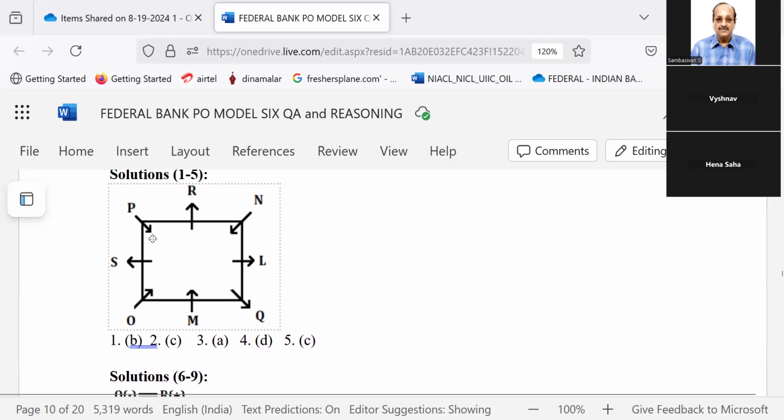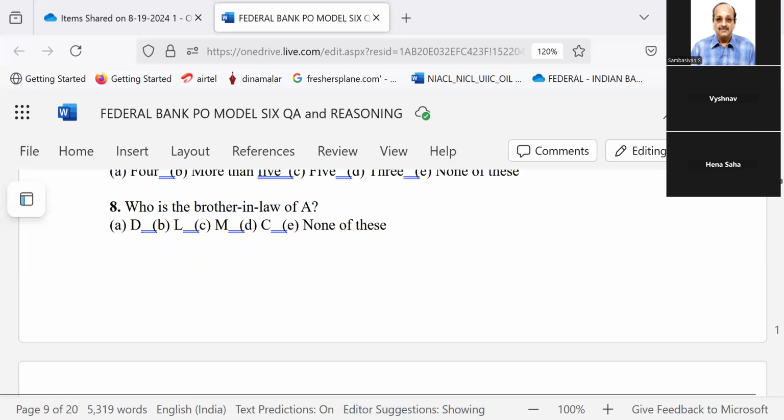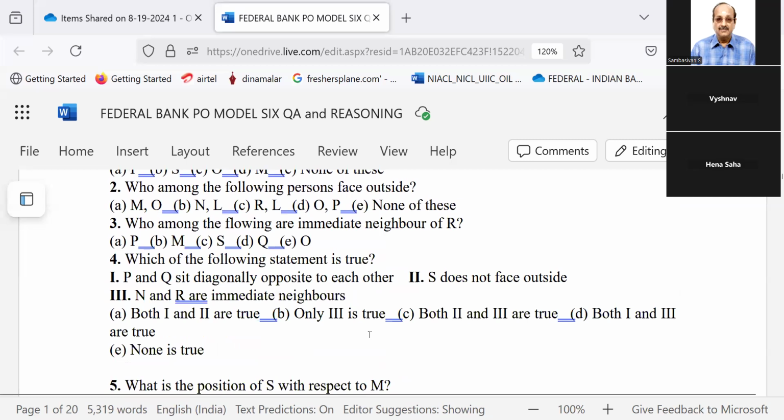And that will be P, because R and S are sitting and it is given P is facing opposite of the other two people. That is how these answers will come. This is supposed to be an easy one compared to other questions that we will be getting. So based on this, you can answer the questions.